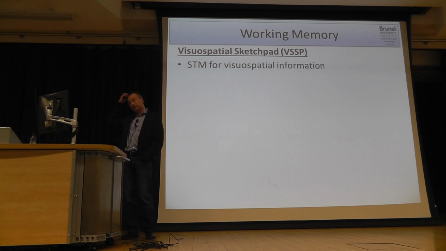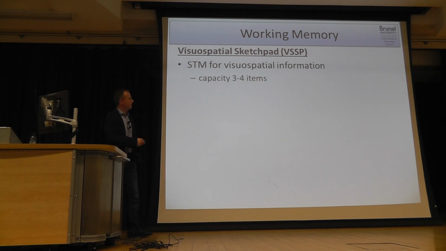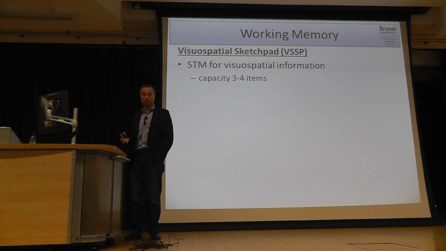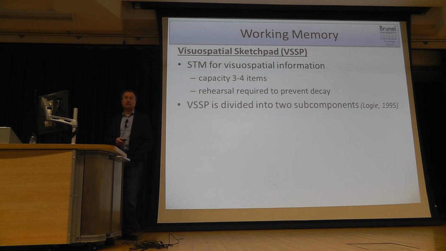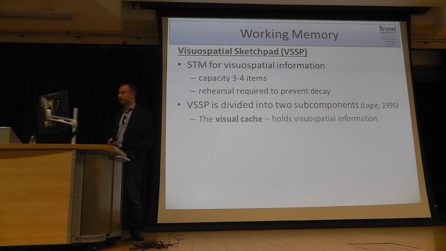Okay, the visual spatial sketchpad has a roughly analogous representation, and here the capacity is around 3 to 4 items, which has been shown experimentally. And again, we need rehearsal to prevent decay here. Later, in 1995, it was suggested that the visual spatial sketchpad can also be subdivided into 2 components.